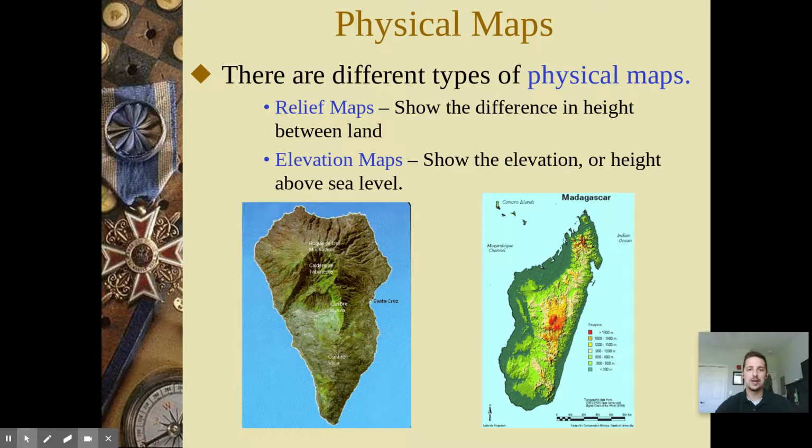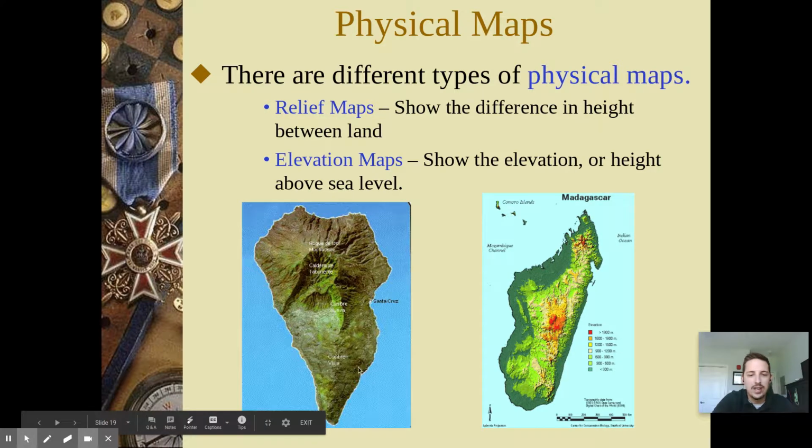All right, physical maps. There are different types of physical maps. Relief maps show difference in height between land, and elevation maps show the elevation or height above sea level. So this is a relief map right here. Here's the flat-ish part of the island.